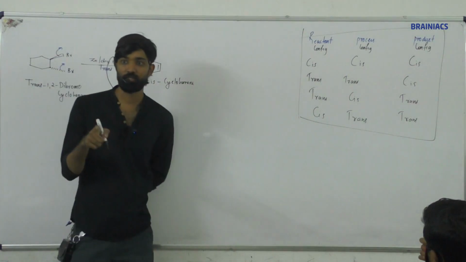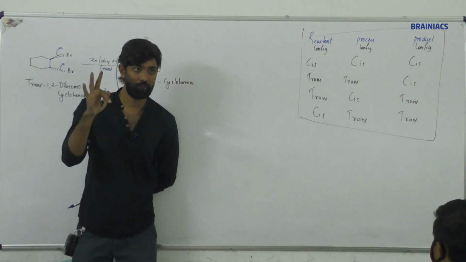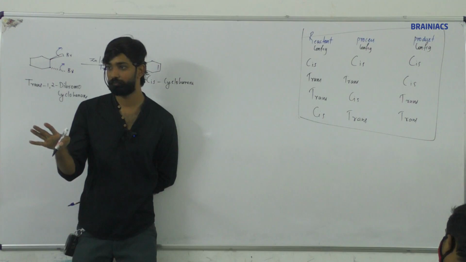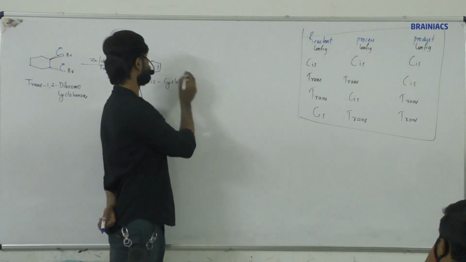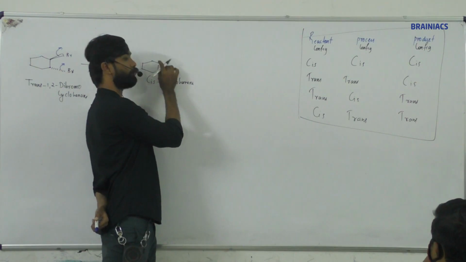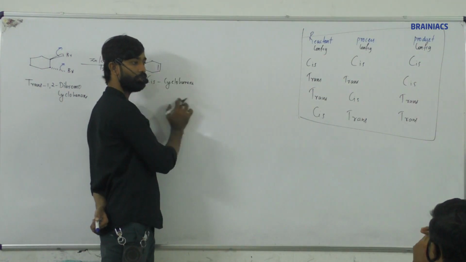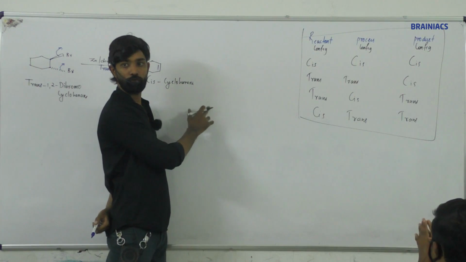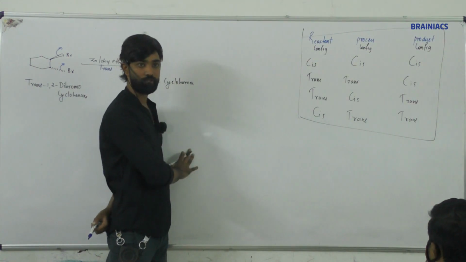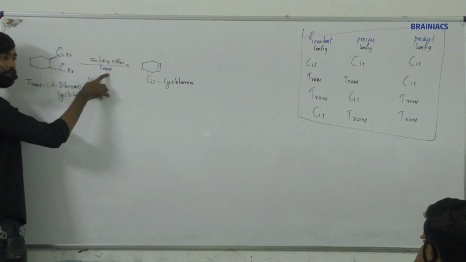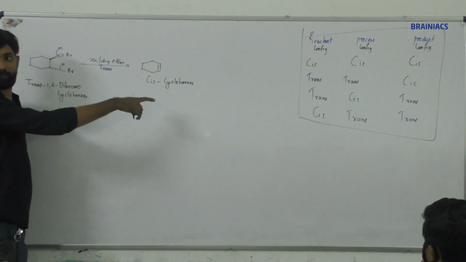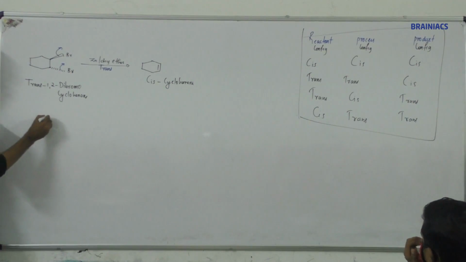There is no trans if the ring carbon count is from 3 to 7. In a cyclohexene, with respect to the double bond, the configuration is only cis. Anyway, the product is cis.